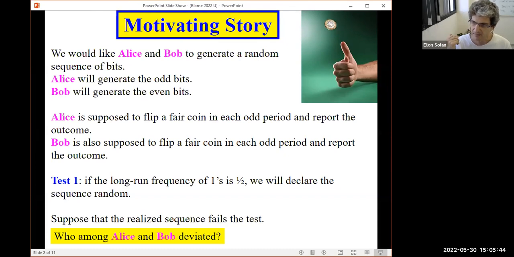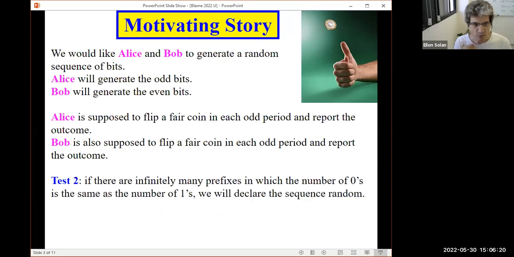Who is it, Alice or Bob? Given the infinite sequence of bits, we would like to identify the deviator or deviators. In this case, it is pretty easy. We look at the long run frequency of ones in Alice's sequence and in Bob's sequence, and whichever differs from 1/2, we know that with probability 1, that player deviated.